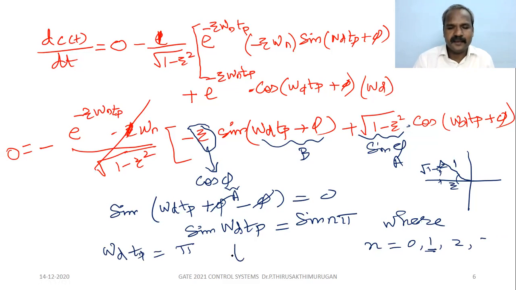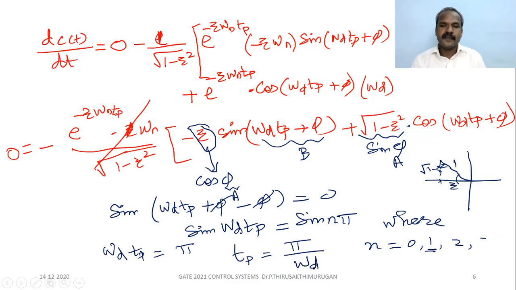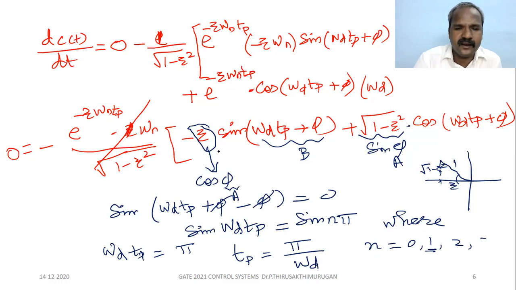Okay, so what is tp? tp equal to pi by omega d. Understand? So this is one method. We can also do it from this step. You see, this is zeta omega n.